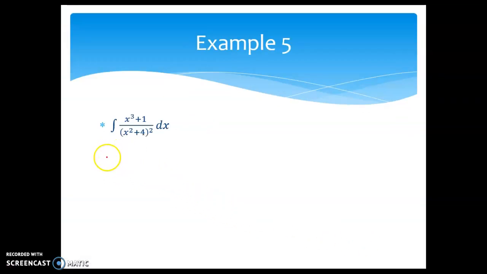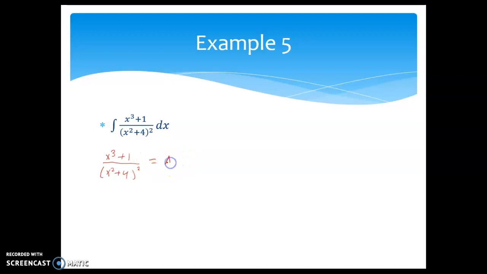So for this function, we want to do the partial fraction decomposition. This has irreducible repeated factors.